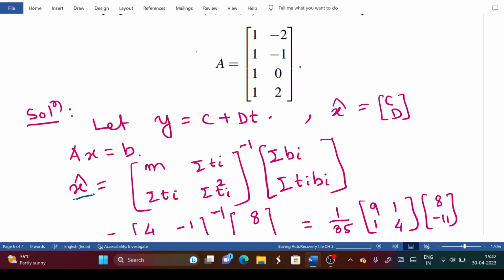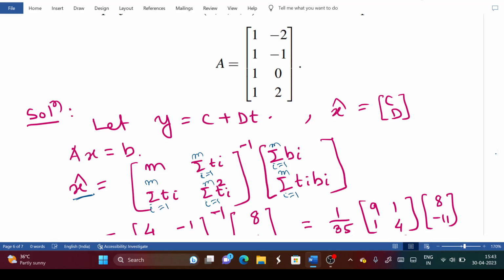The sums are over Ti, i is equal to 1 to M, and likewise everywhere. A total of M equations are given to us, so everywhere we are adding from 1 to M. So we got all these values.